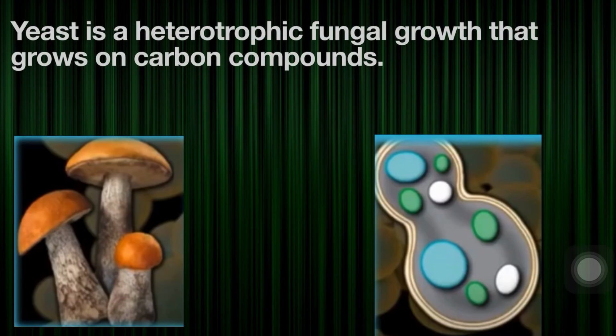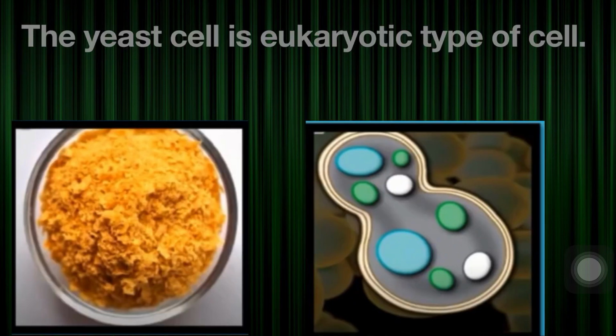Yeast is a heterotrophic fungal growth that grows on carbon compounds. Yeast is a unicellular fungus with 1500 different species in existence. Unicellular means consisting of a single cell.